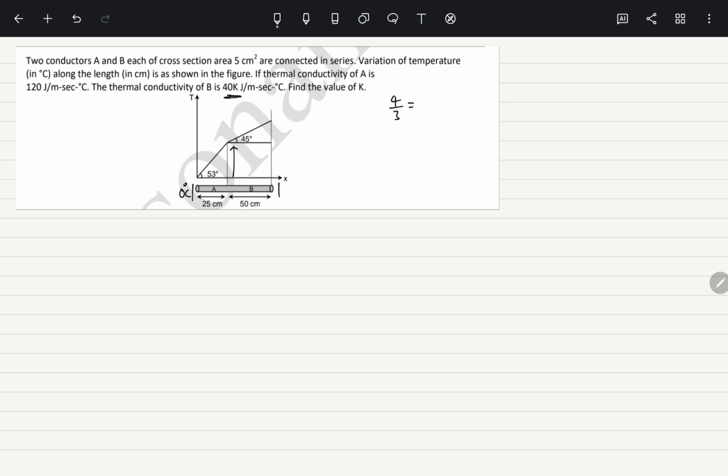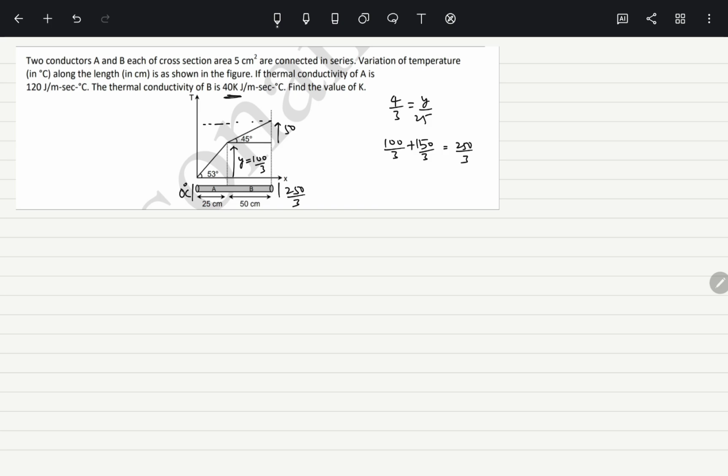So 4 by 3 is equal to, let's take it as, y upon 25. So it is coming as 100 by 3, and again this is 45 degrees, so it is 50. So the temperature is 100 by 3 plus 50, which can be written as 250 by 3. So the temperature at this end is 250 by 3.